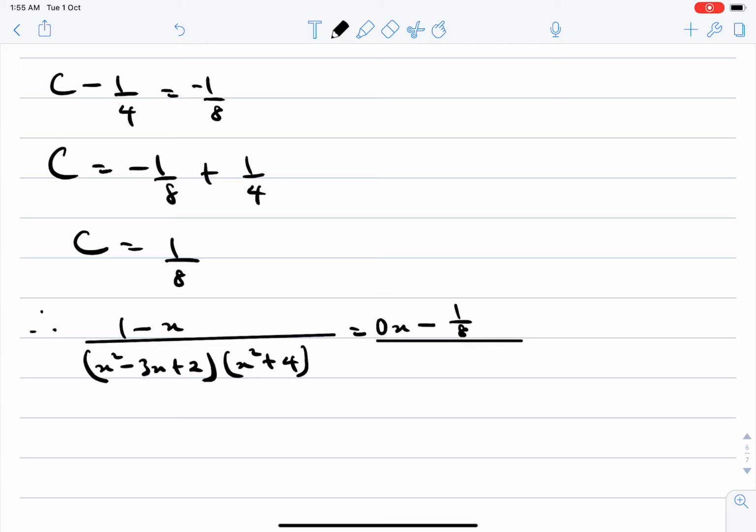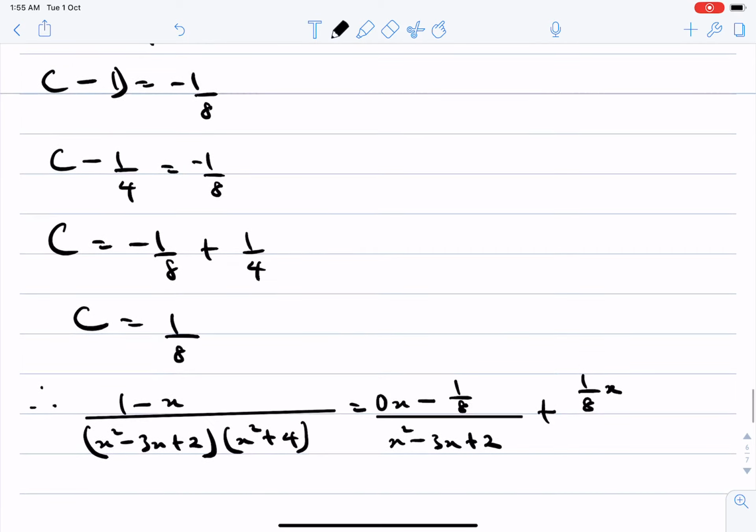Divided by x squared minus 3x plus 2, plus cx plus d. C is 1 over 8x plus d.